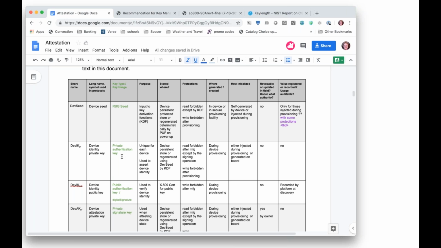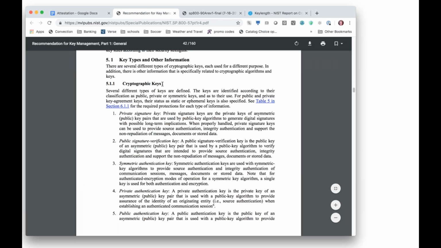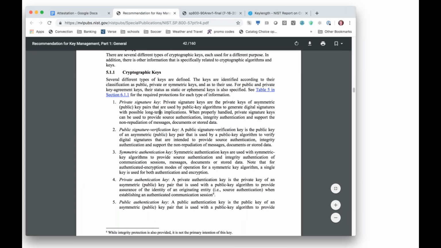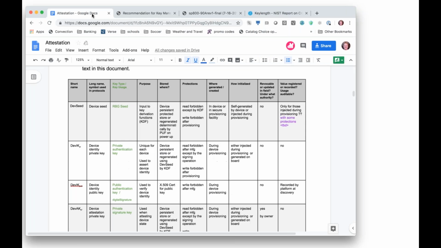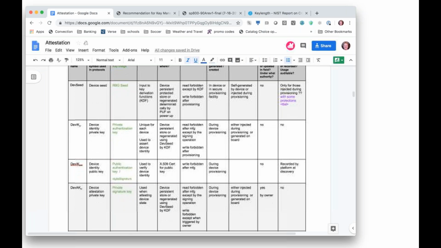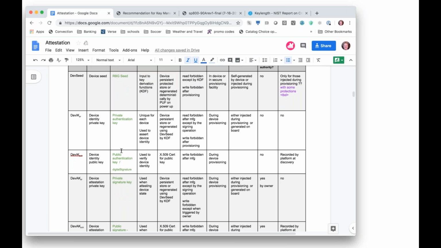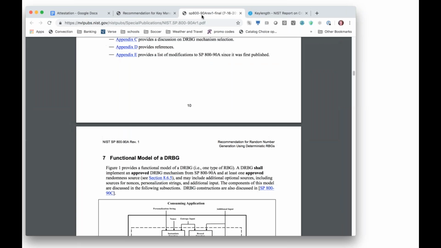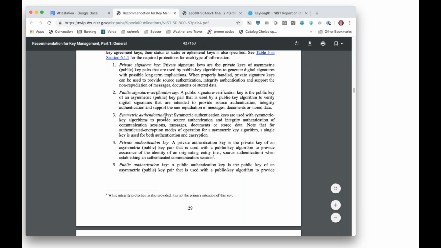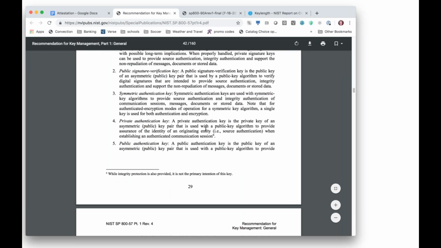I would love someone to help me go through this column, comparing it to this NIST document of the types of keys, like private signature key. Let me pick one, for example. The identity key, we've got a private and a public one. I picked from this NIST list a private authentication key. NIST says a private authentication key is the private key of an asymmetric key pair used with a public key algorithm to provide assurance of the identity of an originating entity.